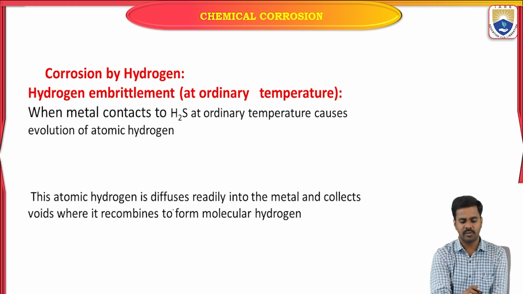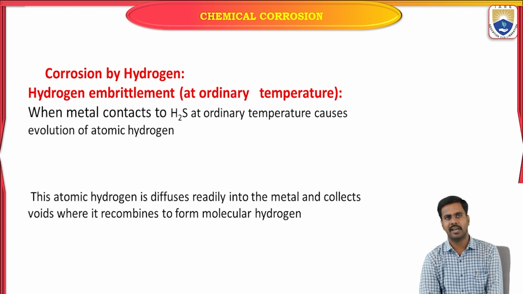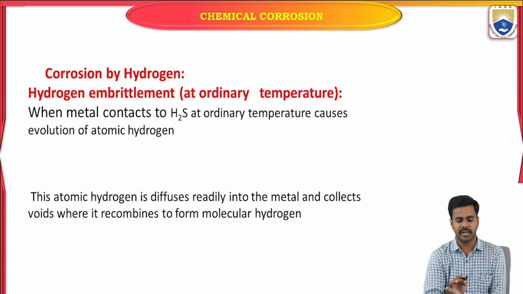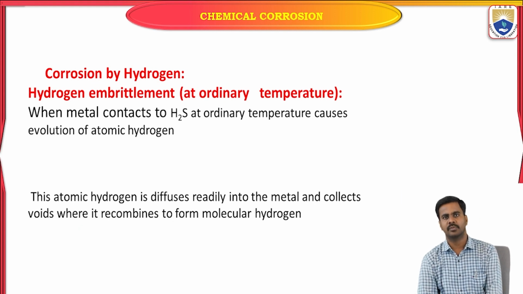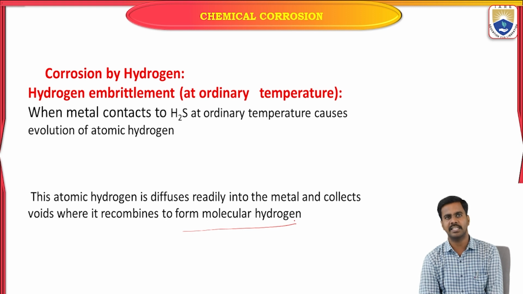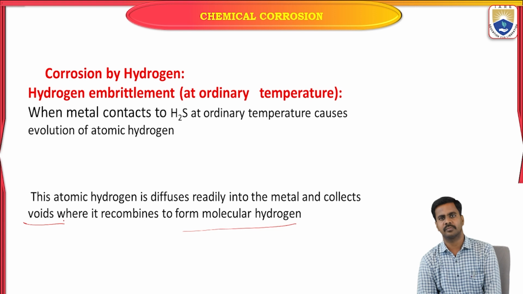This atomic hydrogen diffuses readily into the metal and collects in voids, where it recombines to form molecular hydrogen.